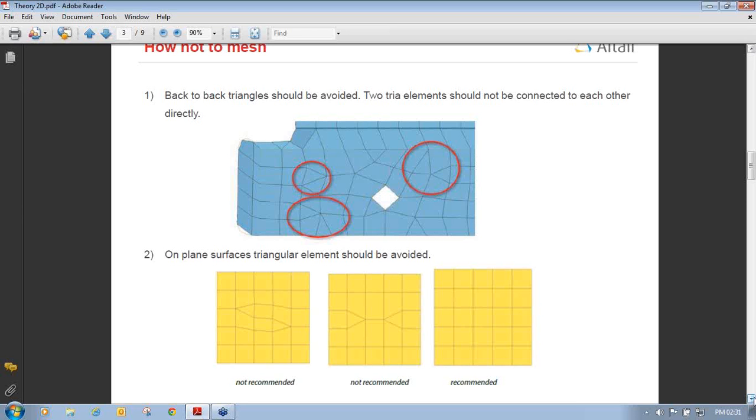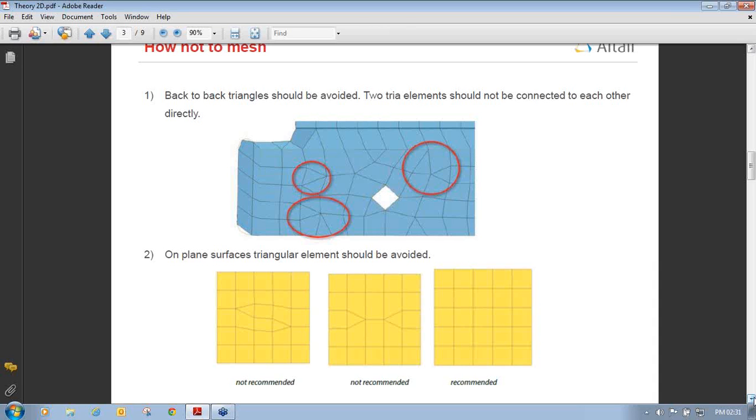That means one node should not share two trias, so that should not happen, because tria elements are stiffer as compared to quad elements. So that's why back-to-back trias are not allowed.